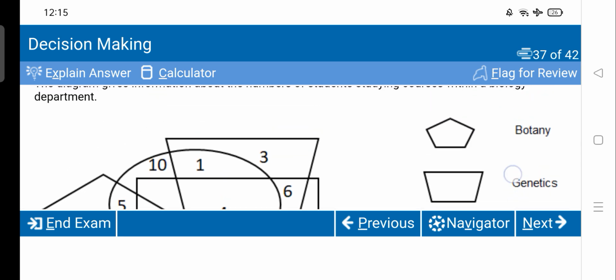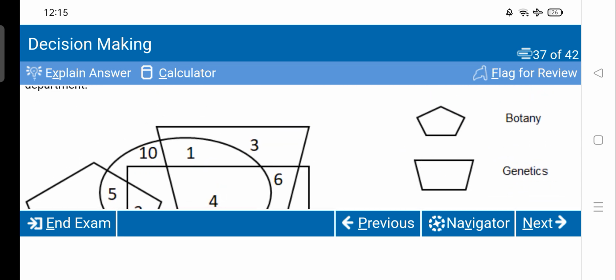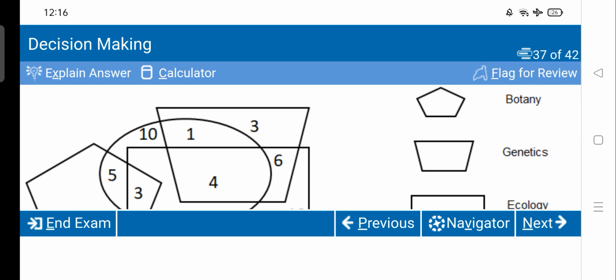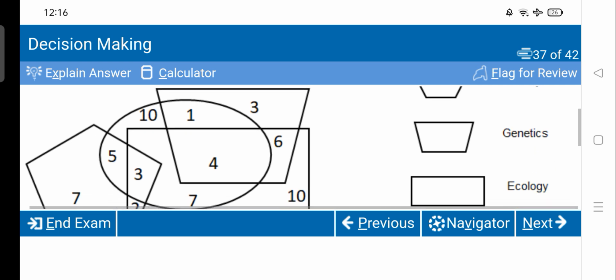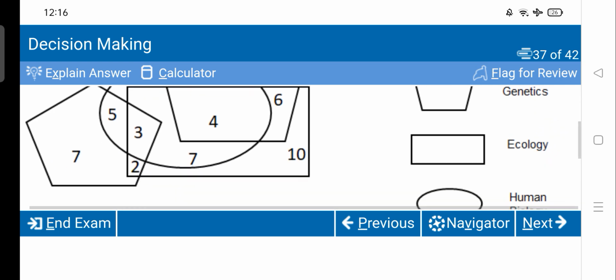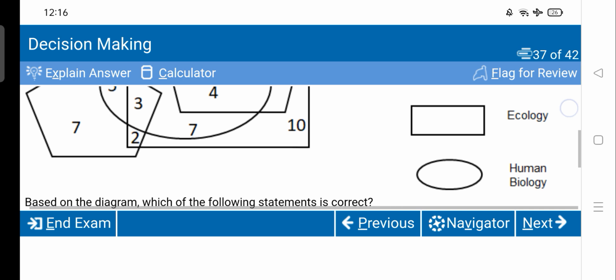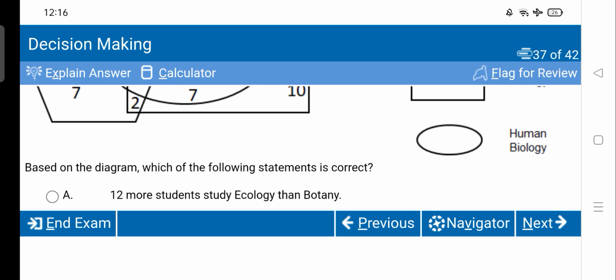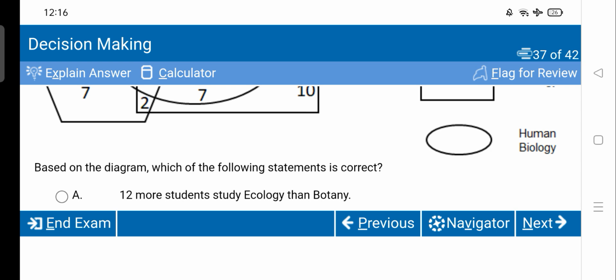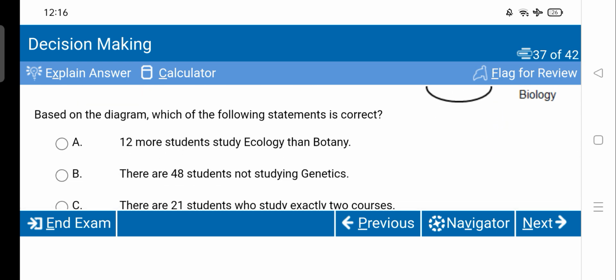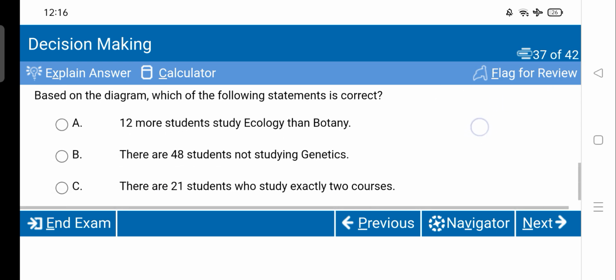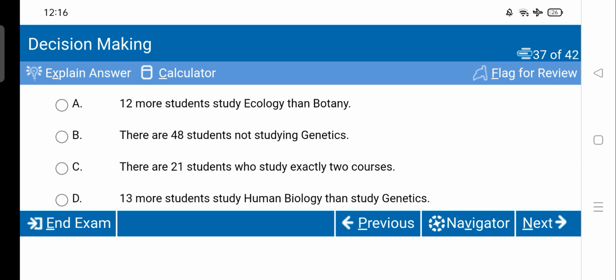The first shape of this diagram represents botany. The second represents genetics, third, ecology, and fourth, human biology. Based on the diagram, which of the following statements is correct? Option A, 12 more students study ecology than botany.